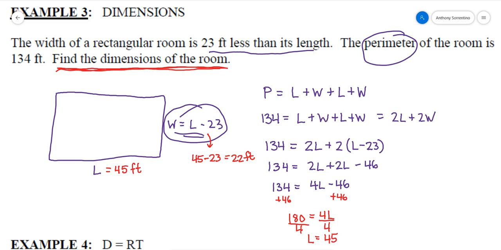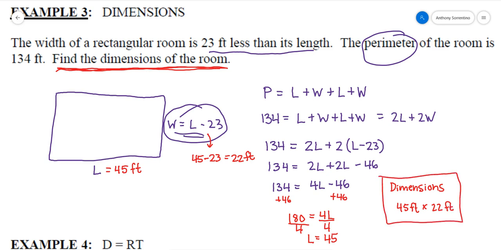So the dimensions of the room are 45 feet by 22 feet. And that answers the question.